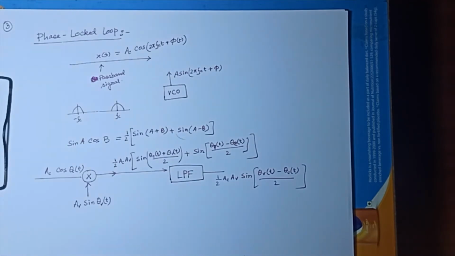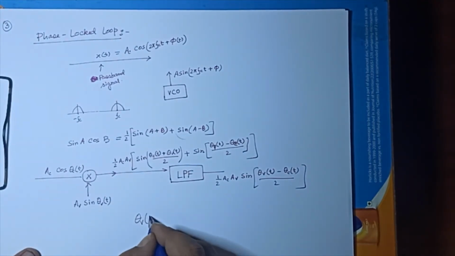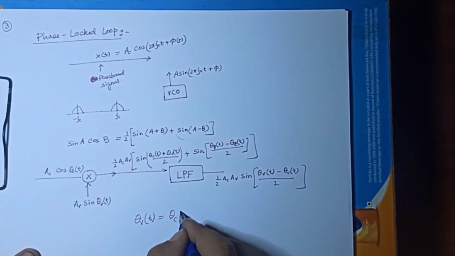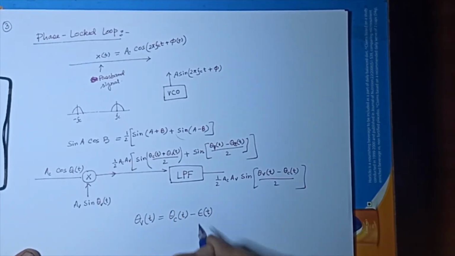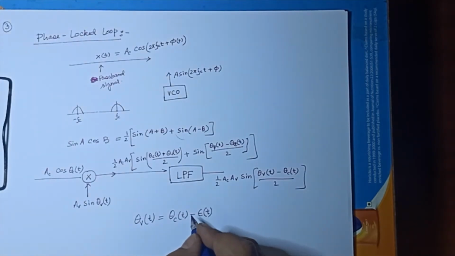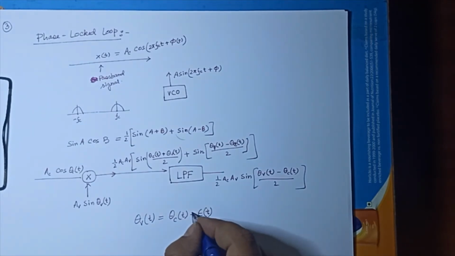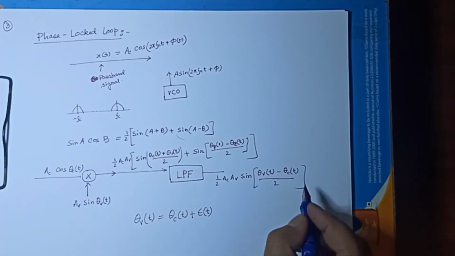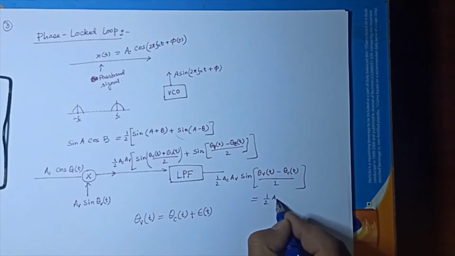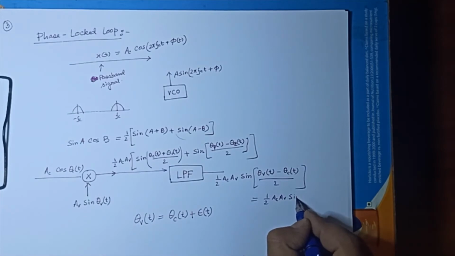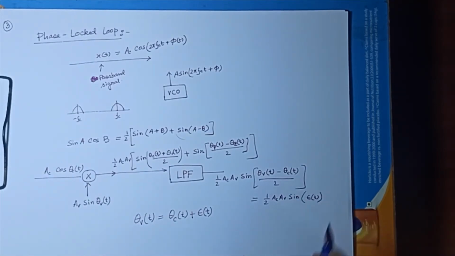So I can write θ_V(t) equals θ_C(t) plus ε(t), then θ_V(t) minus θ_C(t) is half into A_C into A_V sin ε(t) in this format.